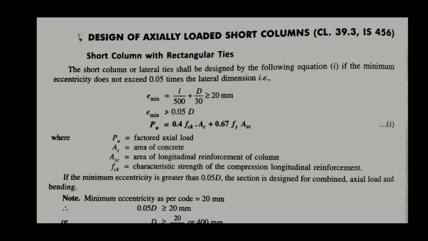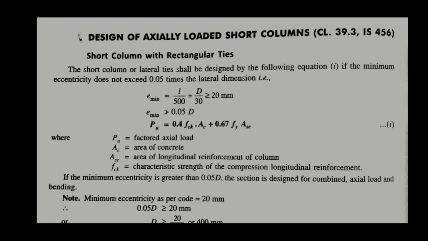So, as per clause number 25.4, this formulation is written here. After that, Pu equals 0.4 fck into Ac plus 0.67 fy into Asc, which we just read in IS 456.